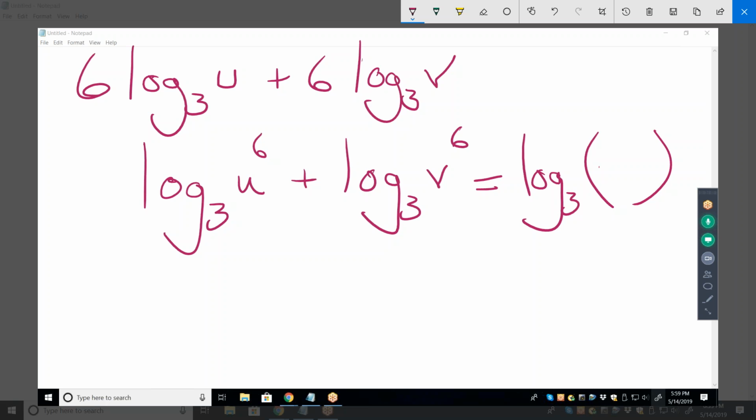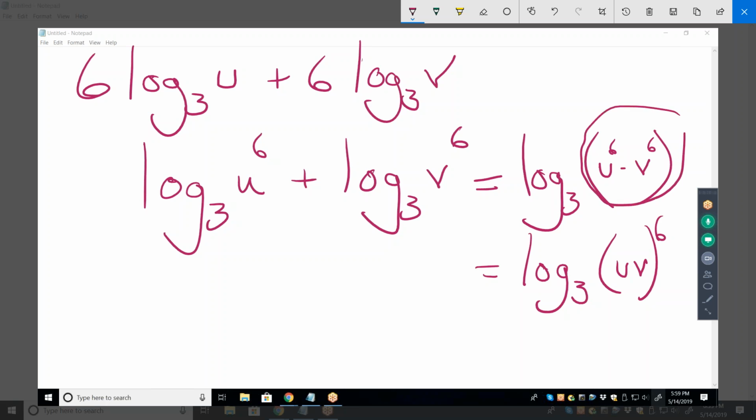So that's u to the 6th times v to the 6th, which is the same thing as this. Algebraically, same thing. In other words, this becomes u times v to the 6th.